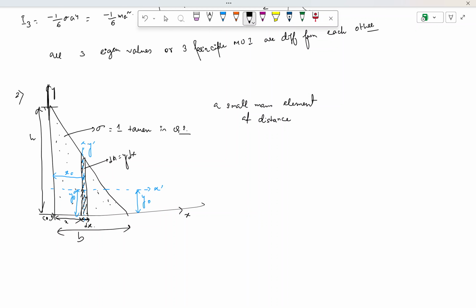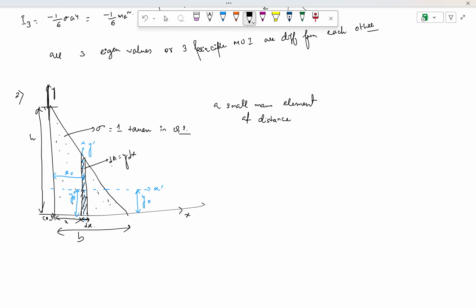You can draw the axes x prime and y prime, drawn in such a way that the element is symmetric about them. That means the x prime dashed line and the y prime dashed line go right through the center of the mass distribution inside the shaded region, a symmetric configuration for this area element dA. So that is the advantage.